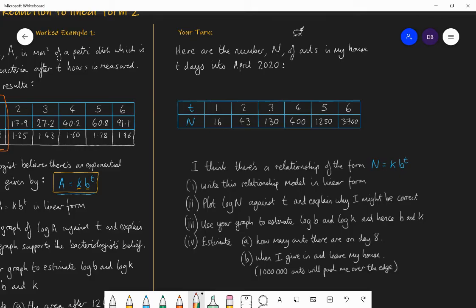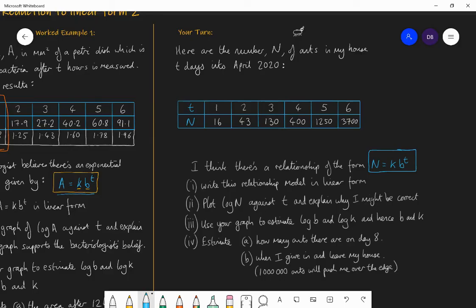I want you to write this relationship, which I believe is the number of ants is some constant k times another constant to the power of t. I want you to write that relationship in linear form, then plot log of n against t and explain why I might be correct. Then use your graph to estimate log b and log k and hence b and k.